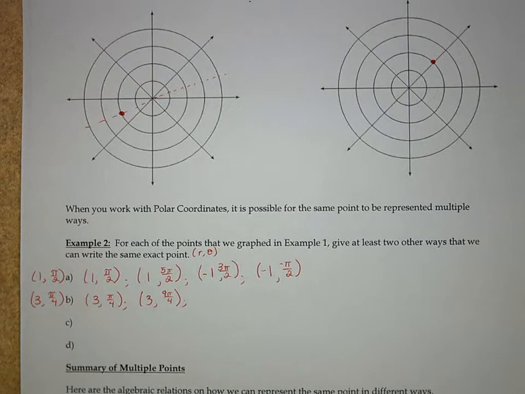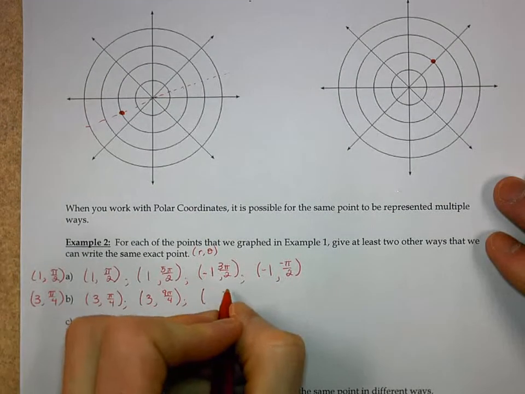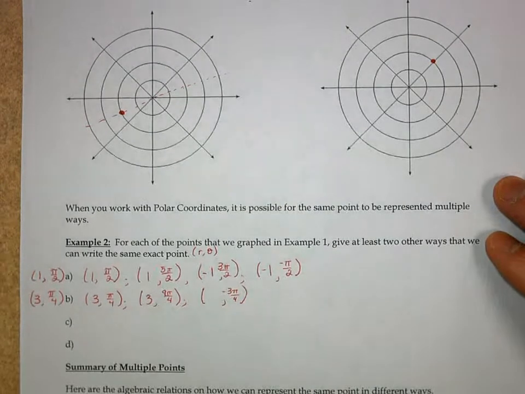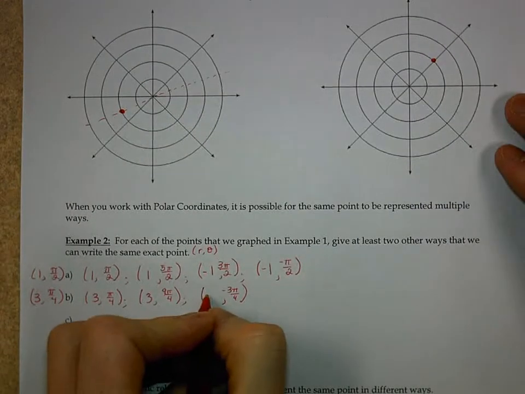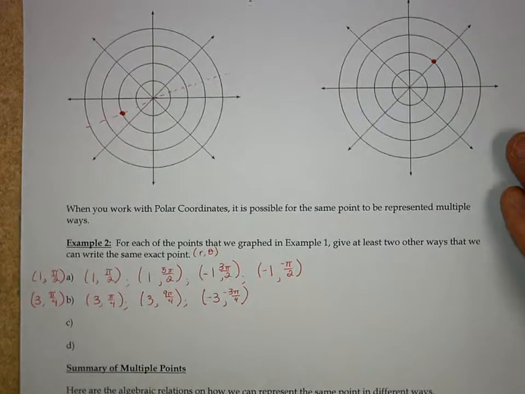I could also go in the negative direction. If I were to go to negative 3 pi over 4, I'm facing the third quadrant, but this point is in the first quadrant. So that means I'd have to go backwards 3 steps. So there's another way that you could write that same ordered pair.